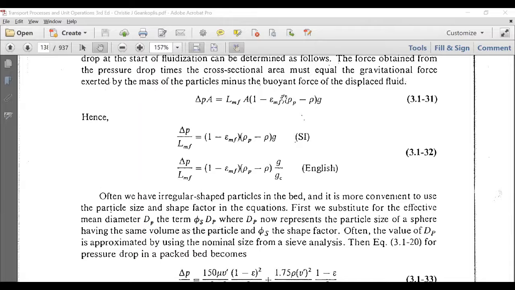That means the mass of the particle, right? Mass of the particle times g, the gravitational constant. But there is still the minus density of the fluid here. Yes, that's the buoyant force. LMF times A times (1 minus epsilon MF) is again the volume of the particle, right? Okay.